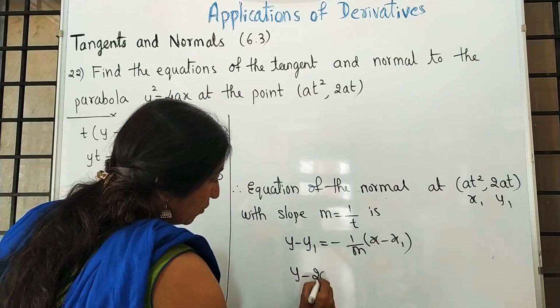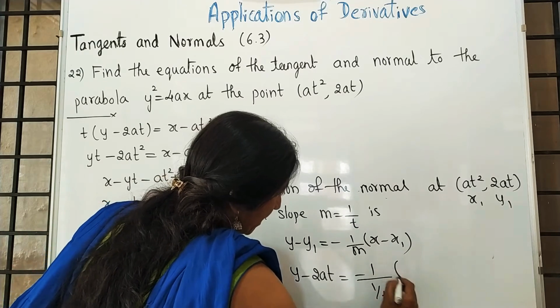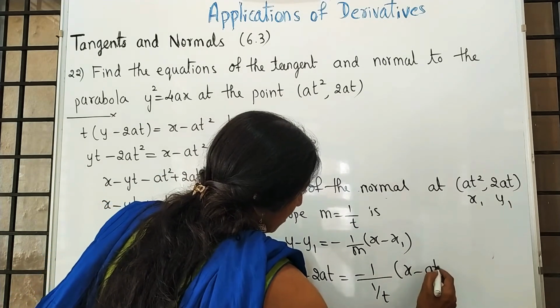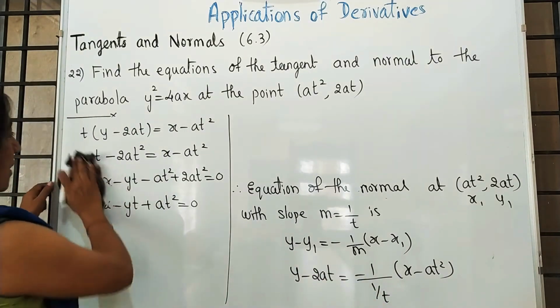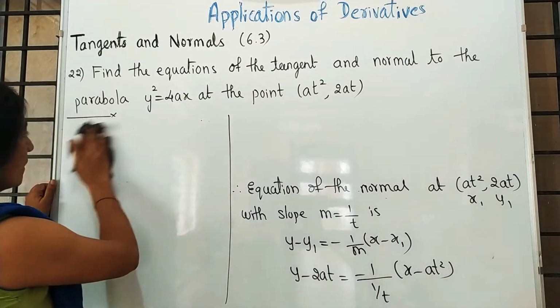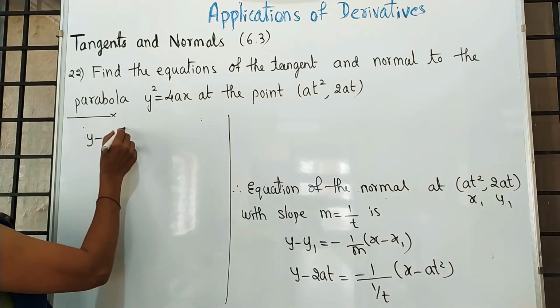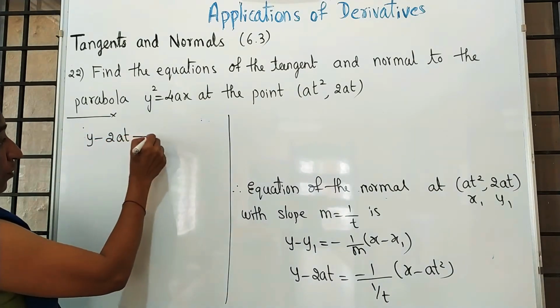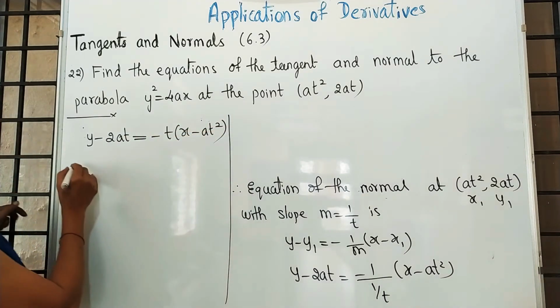Y minus 2at is equal to minus 1 upon 1 by t into x minus a t square, minus 1 upon 1 by t. Then how you will write? It will be written as y minus 2at is equal to minus t into x minus a t square.